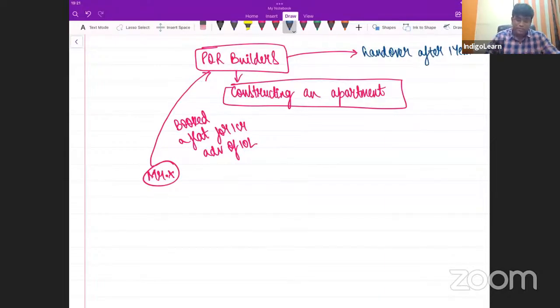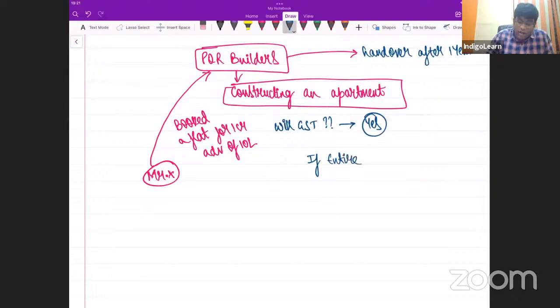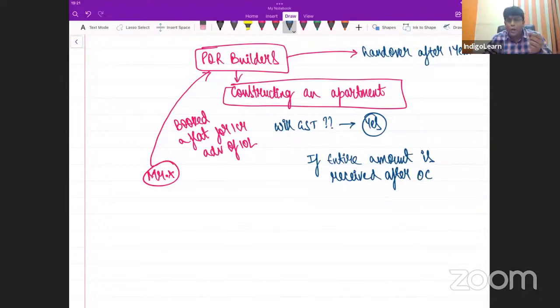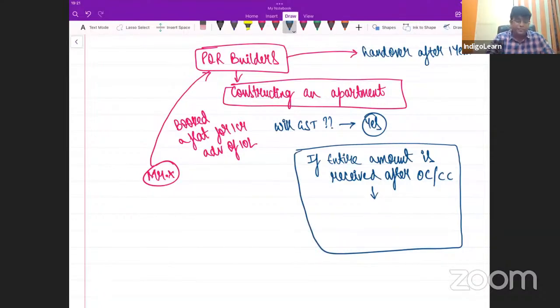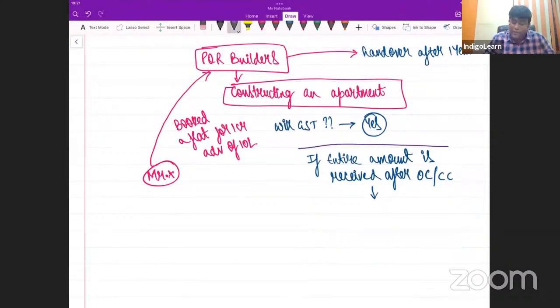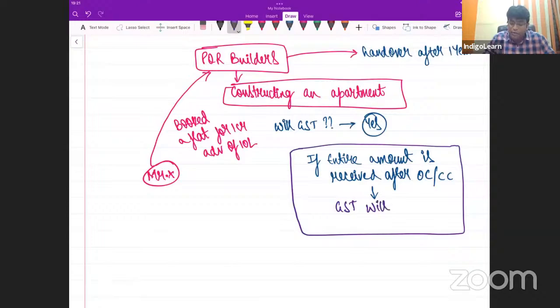Clear, friends? Now, question is, will GST apply? 100% answer is yes. What they told is that if entire amount is received after OC, OC stands for occupancy certificate, also called as completion certificate, then GST will not apply.